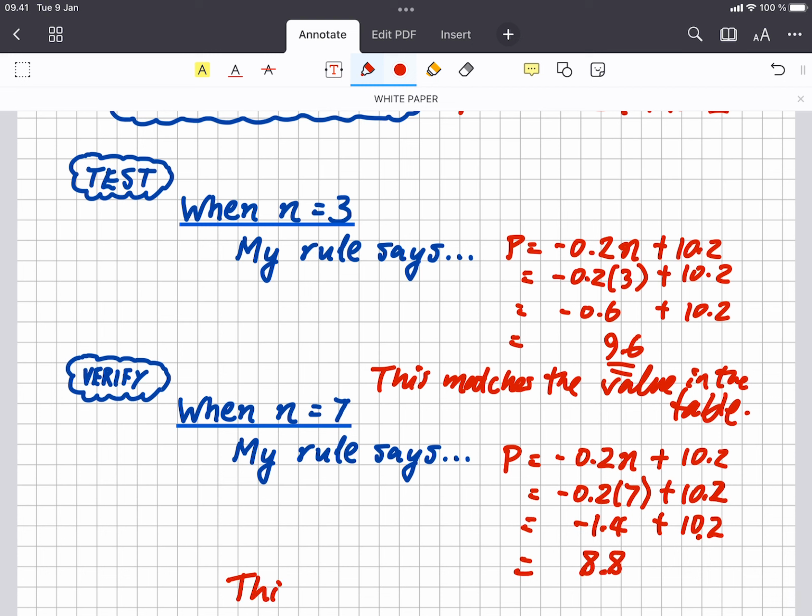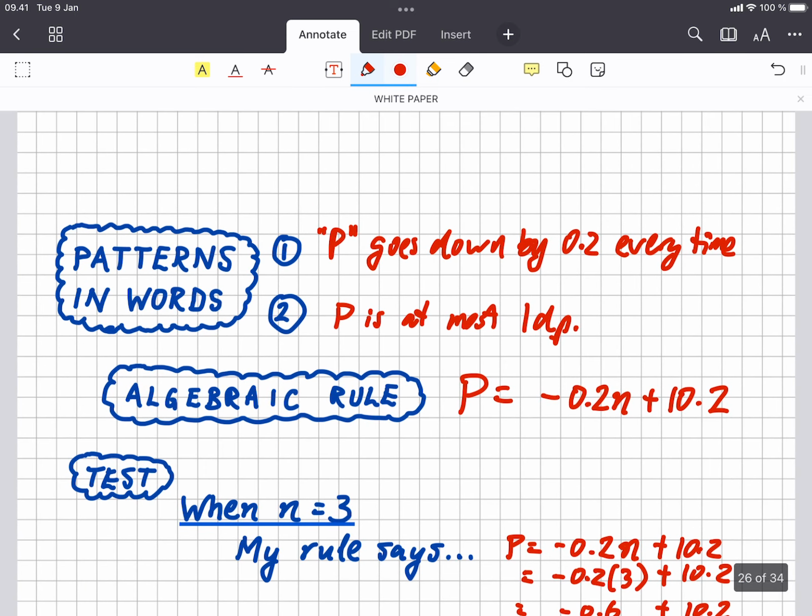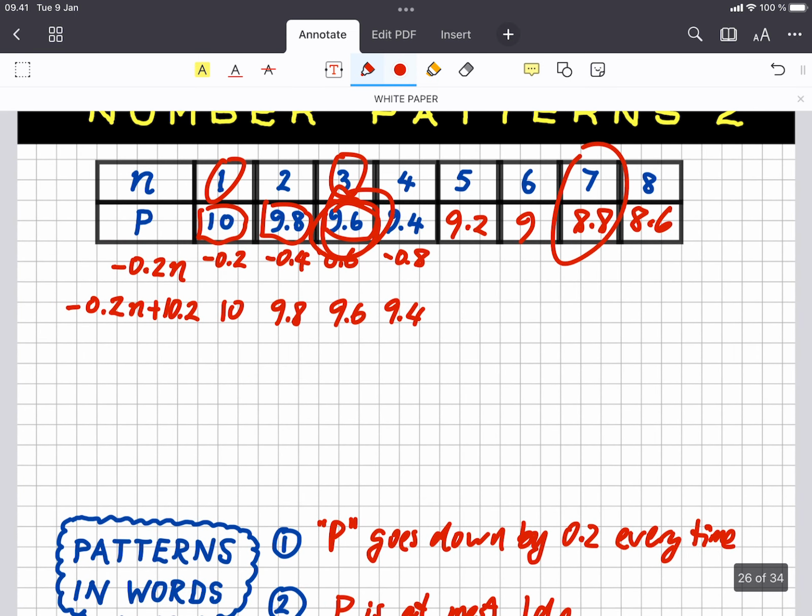So this does indeed match the value in the table, and that calculation with that comment and the comparison should get us all of the marks for that.